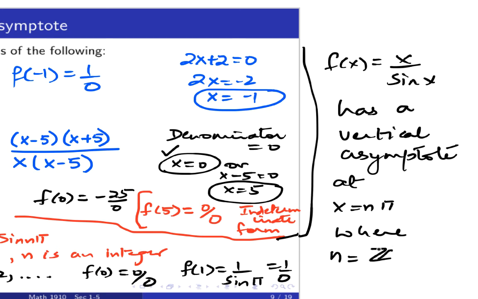That's the meaning, it's a representation of all integers except 0. That means all integers except 0. Okay?